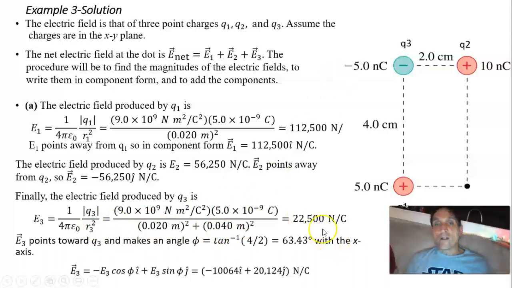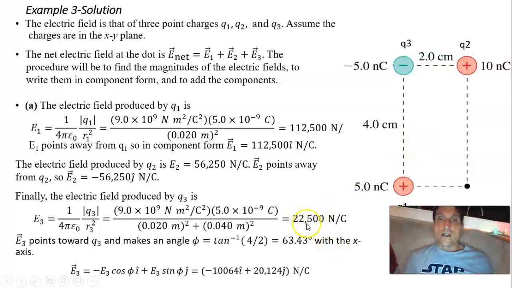And when you add these all up, the magnitude of this electric field E3 is 22,500 newtons per coulomb. And we can use trigonometry. This angle that it makes is 63.43 degrees from the x-axis. Okay. So we can write that in component form using the sines and the cosines, and we get this.